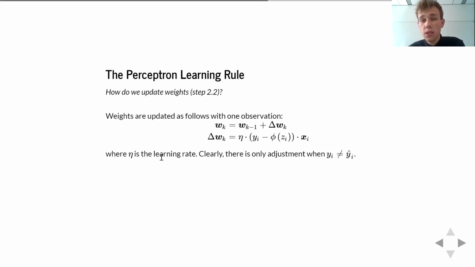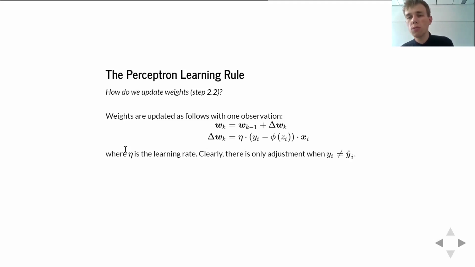I don't want to go too much into detail with how this works in practice, but it's a parameter that we will usually set to a value between 0 and 1. When we set eta high, we'll make larger adjustments, so we will converge fast to the correct solution, but we may also risk missing the correct solution because we're taking too large steps when we are adjusting our parameters.